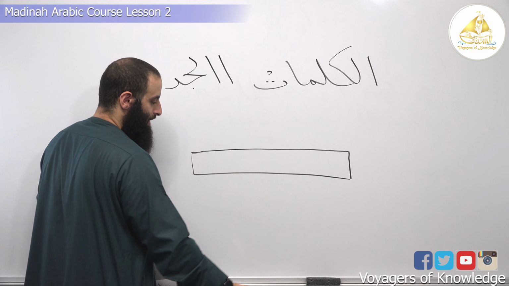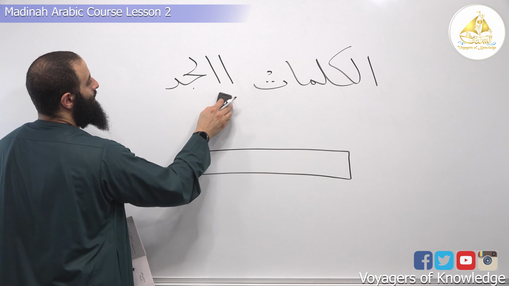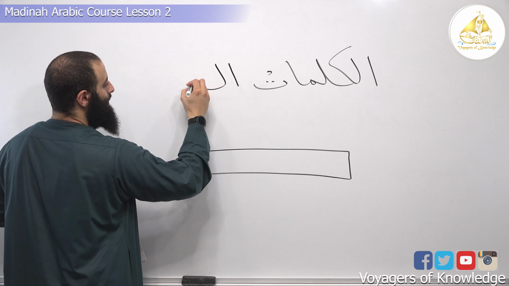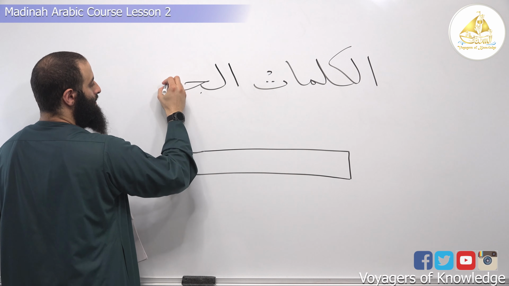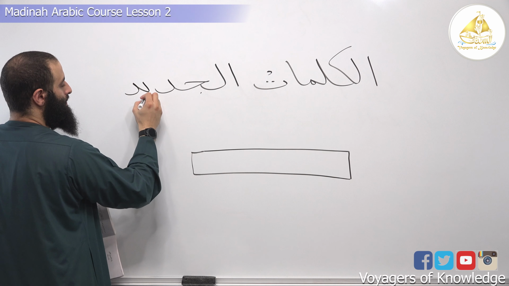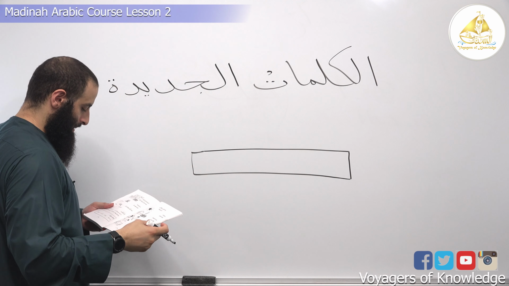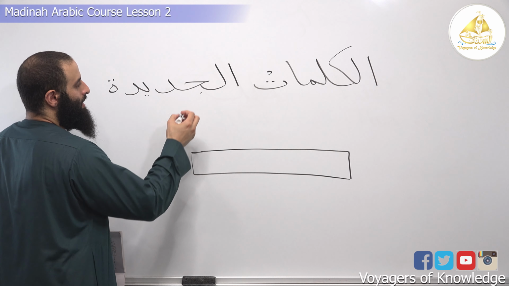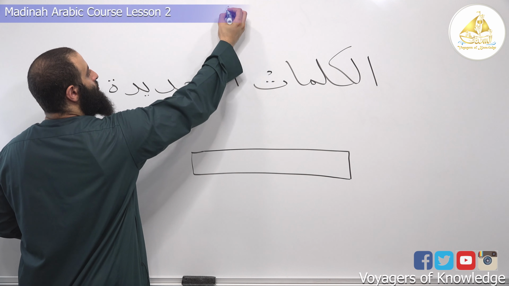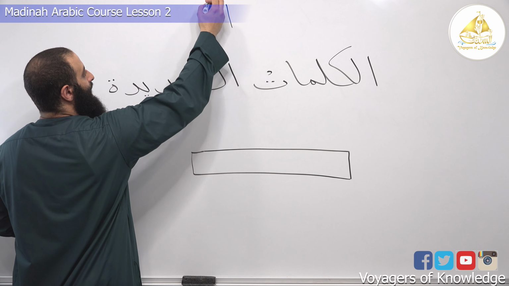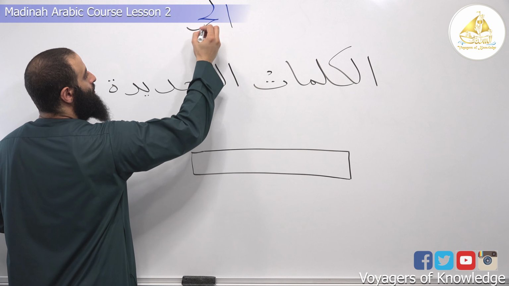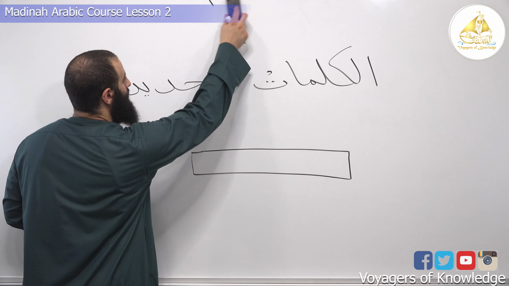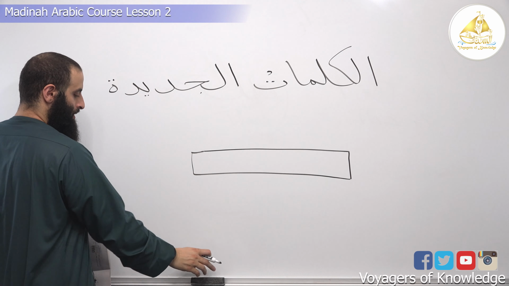See how you can write that Jim, by the way? You could do the L like this. This section right here, when you're writing, it can also go like this. You go Aleph, and the lam will be up here, and you just do the Jim under it. You could do it either way.